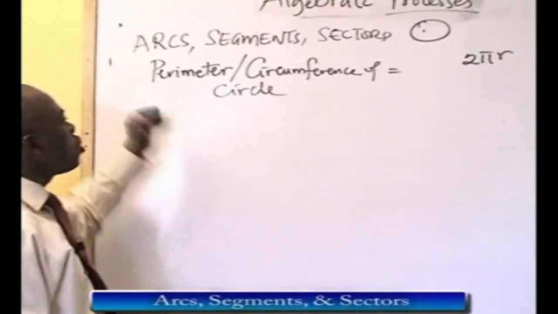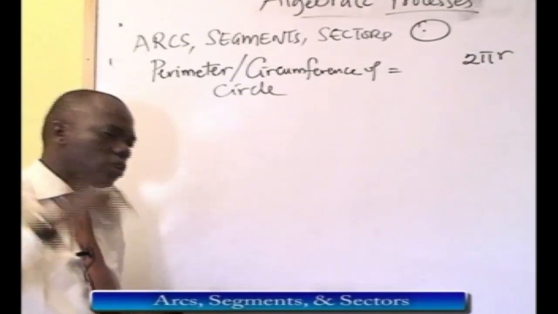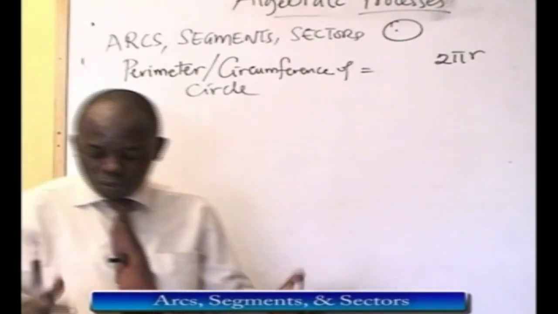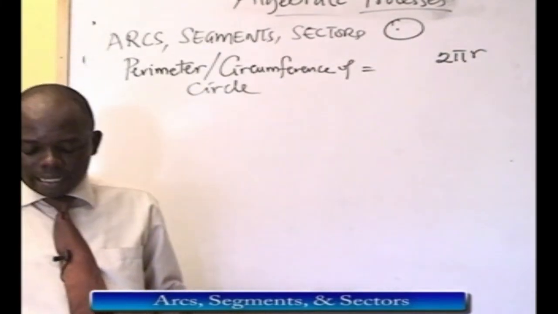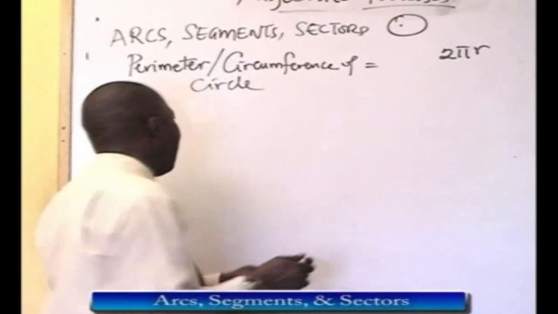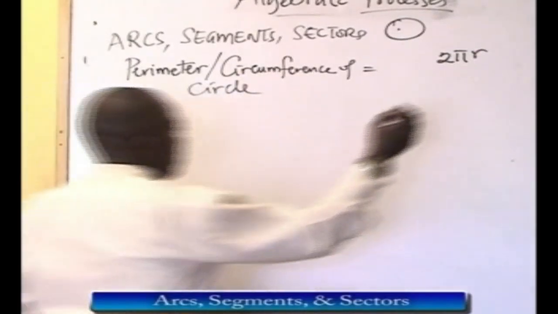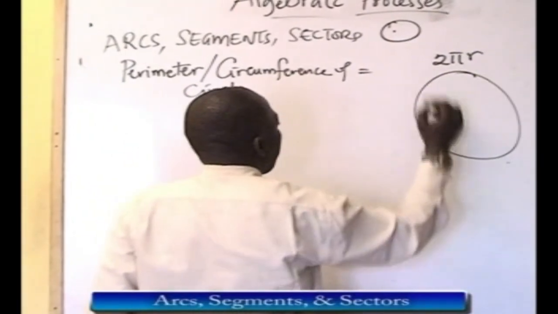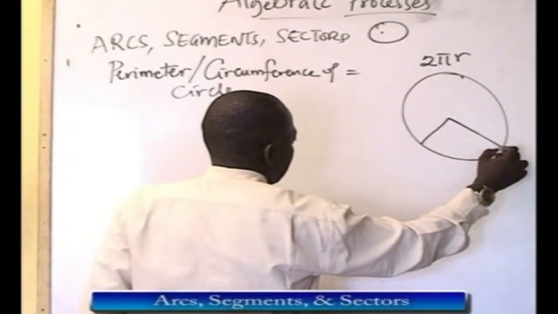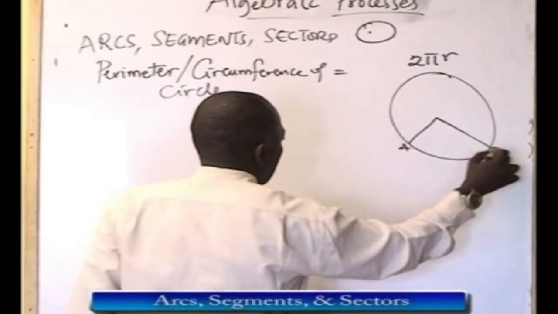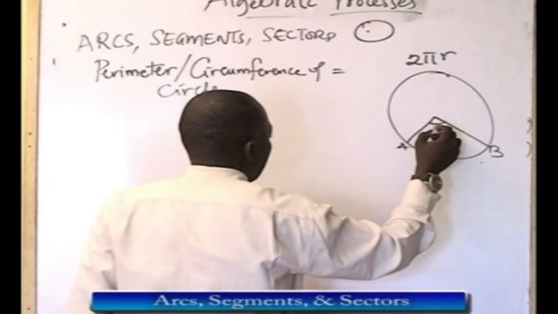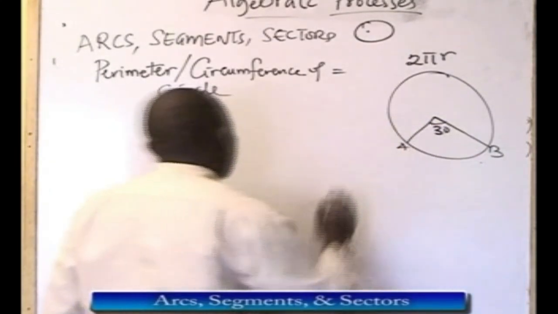But the moment it's not a complete circle, the angle subtended at the center becomes a serious issue. Like in the case of this one that we're going to look at now, the length of an arc AB. If I have a shape that looks like this, and the arc AB subtends an angle at the center, let's say 30 degrees.